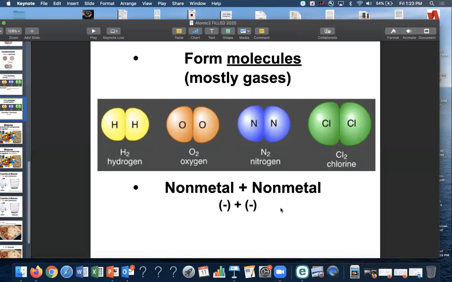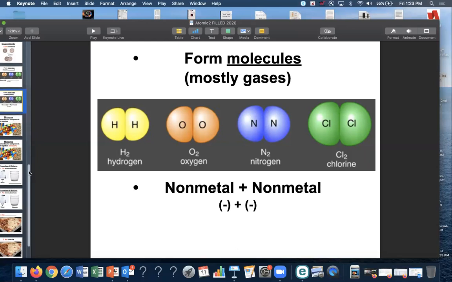Oxygen's way too reactive, so it's either going to find another oxygen to form a bond with, and then O2 is going to float around and we can breathe that, or it's going to react with something else. But you're not going to find these gases as one single atom just floating around. They're just too reactive.